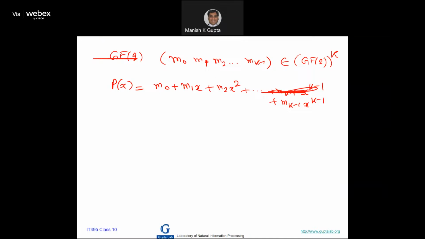So this is our polynomial. Take the message bits and form this kind of polynomial. Earlier also I have shown you this polynomial business of cyclic codes, right? It was very beautiful. Cyclic codes were quite easy to handle in terms of polynomials. Here also polynomials are going to play a very important role. So I take the message bits, I form this polynomial. Then what do we do?